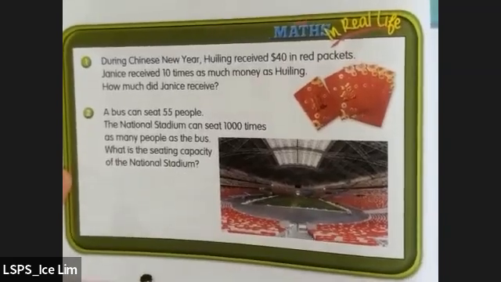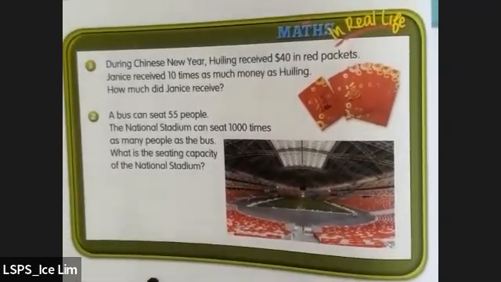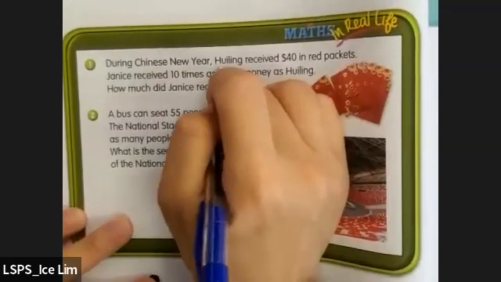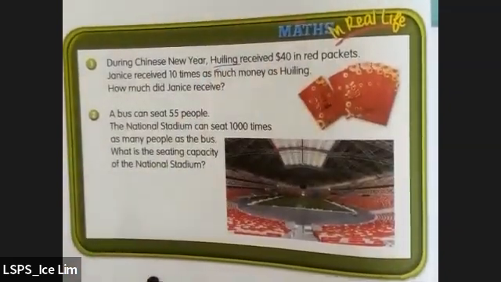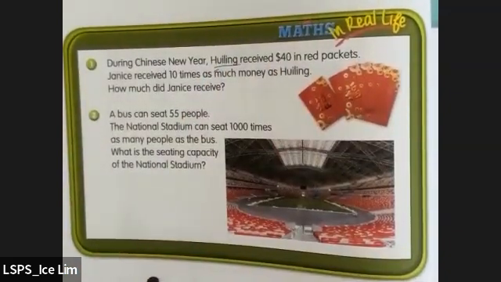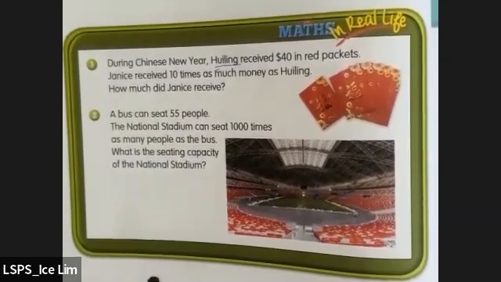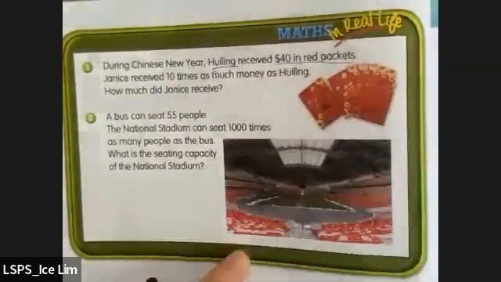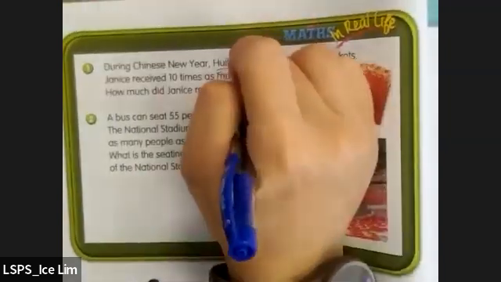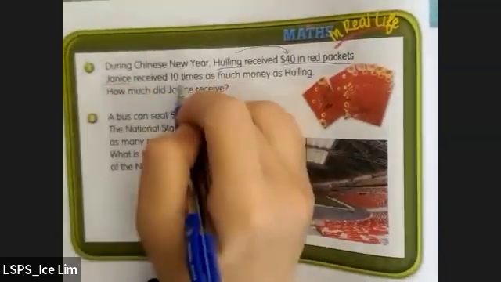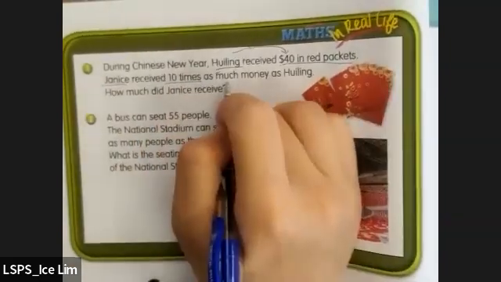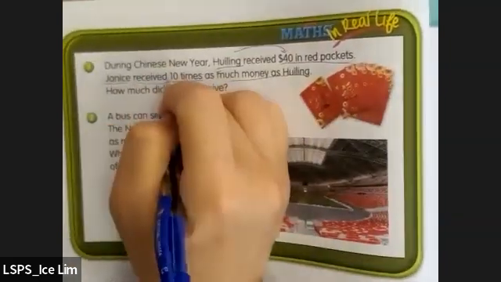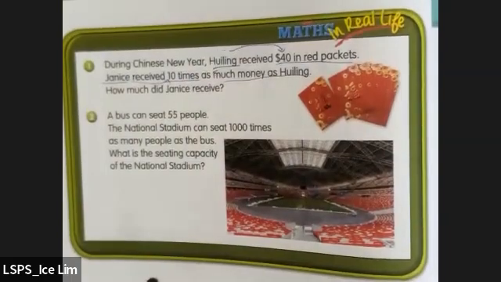So the first one talks about Hui Ling, receiving $40 in red packets. So this amount is Hui Ling's, and Janice received 10 times as much money as Hui Ling.